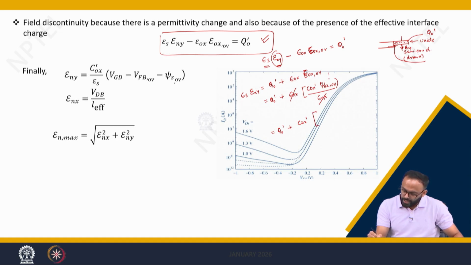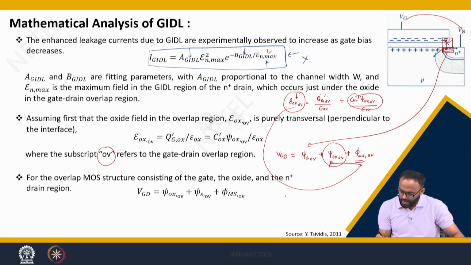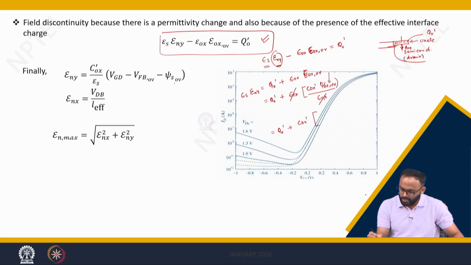From the potential balance equation you can write this as VGD minus psi S overlap minus phi ms overlap, which is nothing but psi Ox overlap. We put this back into the equation here as VGD minus psi S overlap minus phi ms overlap. This is nothing but what? Epsilon S into E n y.